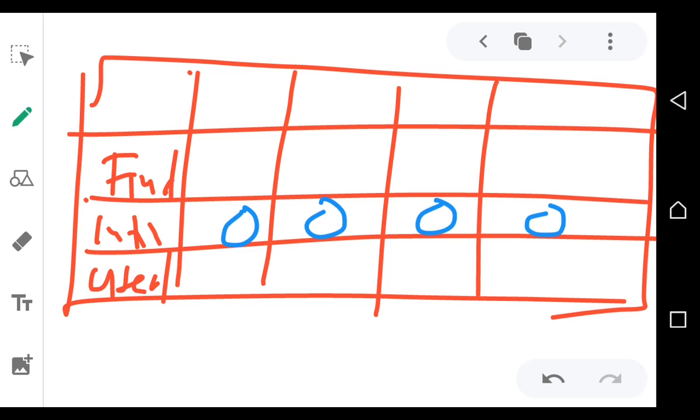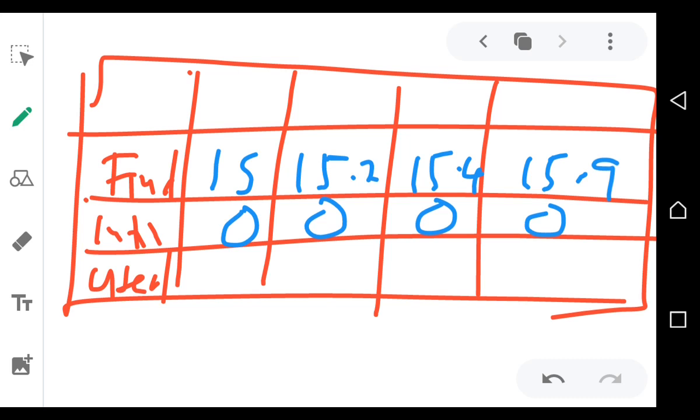So for final, we said titration is between the range of 15 to 17. So you can choose 15, for example. So this one is 15, that one is 15.2, and then that is 15.4, and then here it can be 15.9.